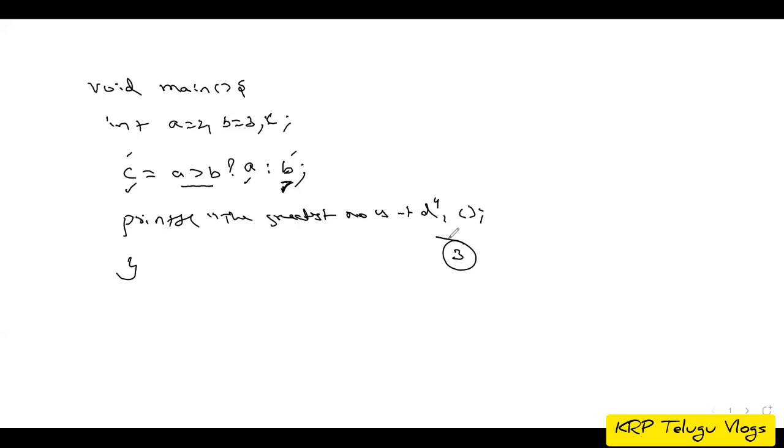Yes, sir. Now we will see the next program. void main, int a is equal to 3, comma b is equal to 2. int c is equal to a greater than b, question mark, I will not give anything here, and I will give the b value here.